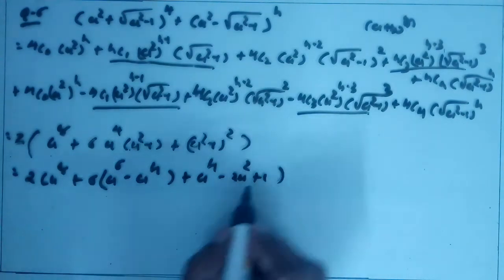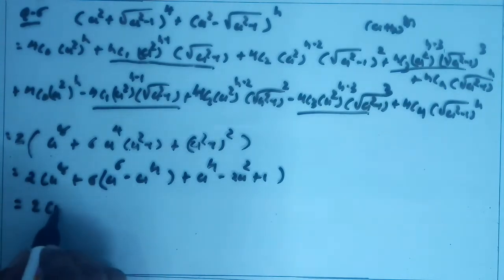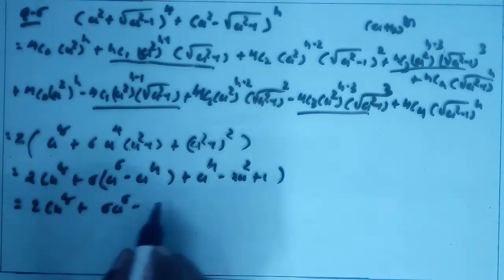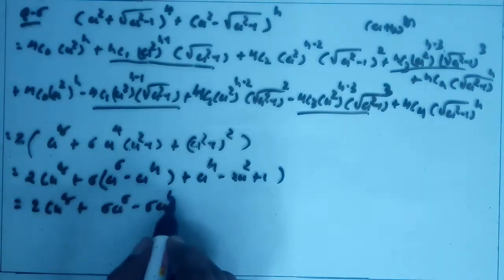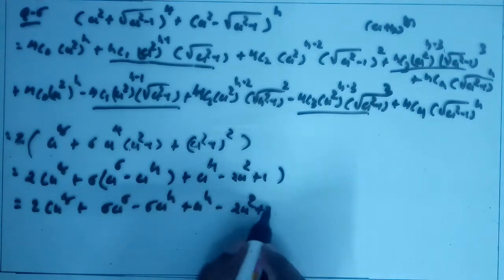Clear? So it is equal to 2 times, take inside: 2x⁸ + 6x⁶ − 6x⁴ + x⁴ − 2x² + 1.